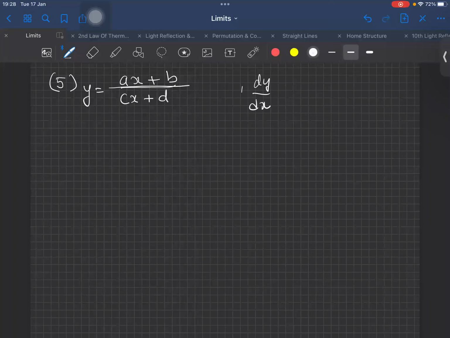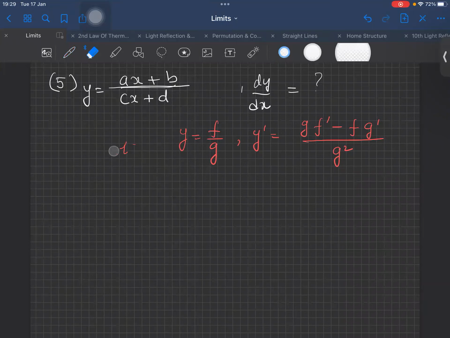See, just use the quotient rule. What is the quotient rule? If y is a function f upon g, then y dash, which is dy upon dx, will be g into derivative of the first function minus the first function into derivative of the second function, divided by the second function whole square. Write it down. Let's find out the solution.